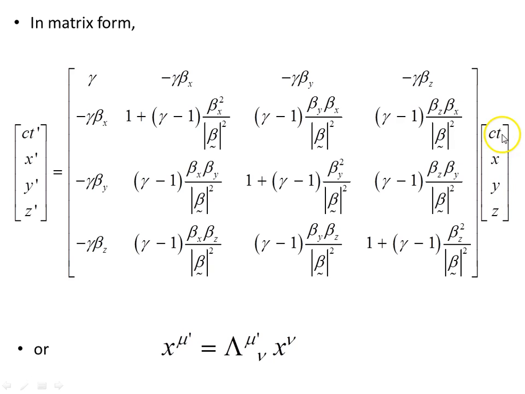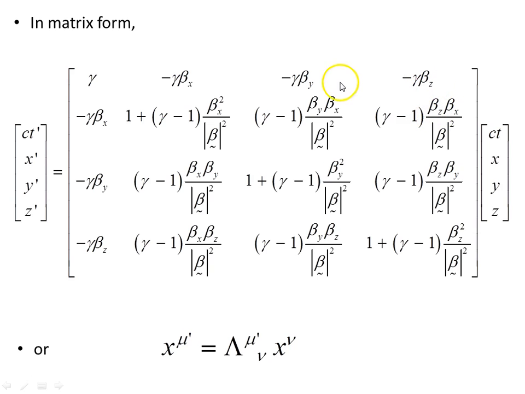Alright, we can take this into matrix form where we pull out ct, x, y, z, and over here ct prime, x prime, y prime, z prime. And here in this bracket is this 4x4 matrix, which is the Lorentz transformation, the general Lorentz transformation for a boost in any arbitrary direction. Now if you just wanted a boost in the x direction, not in the y or z, then beta y and beta z will drop out to 0.